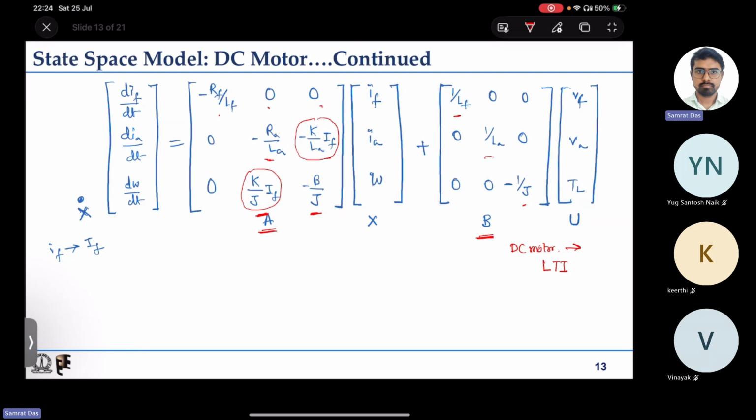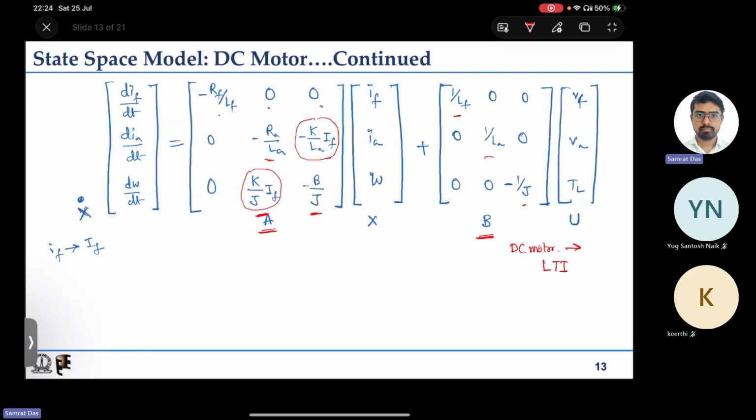Now, for the sake of completeness, let us write the output equation also. We only have one output, so this becomes our Y matrix.